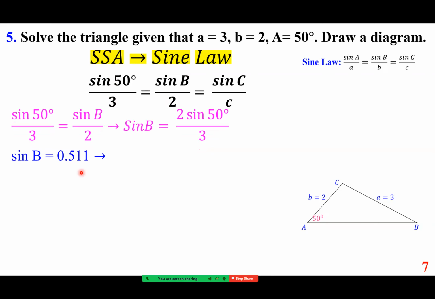So what is B? Sine inverse of this number. So this is case 1. Sine inverse of that is 30.7 degrees. 30.7 degrees, everybody.